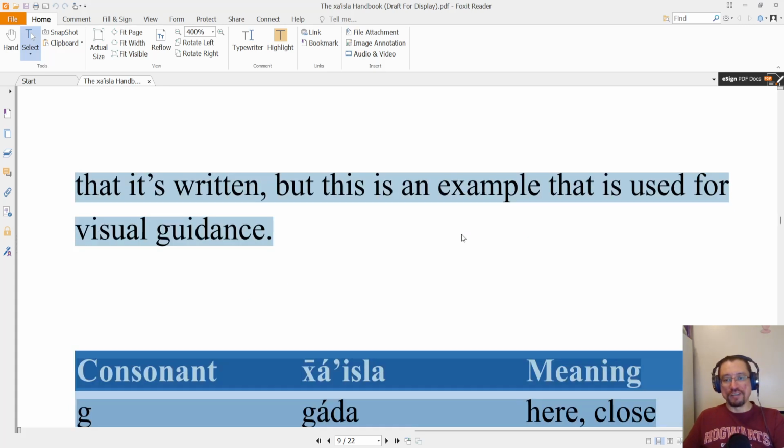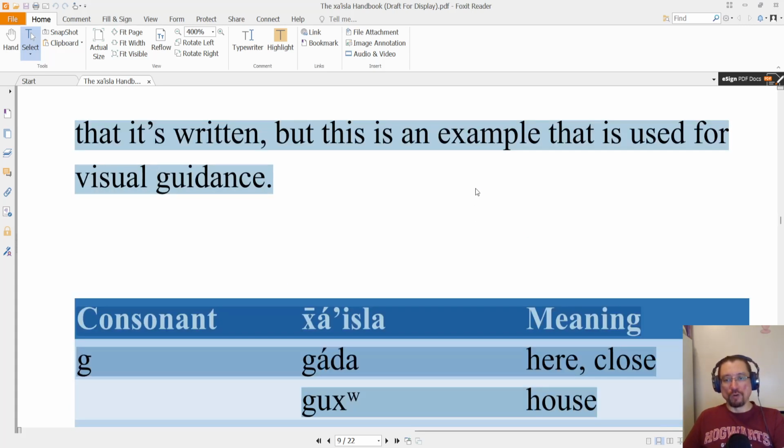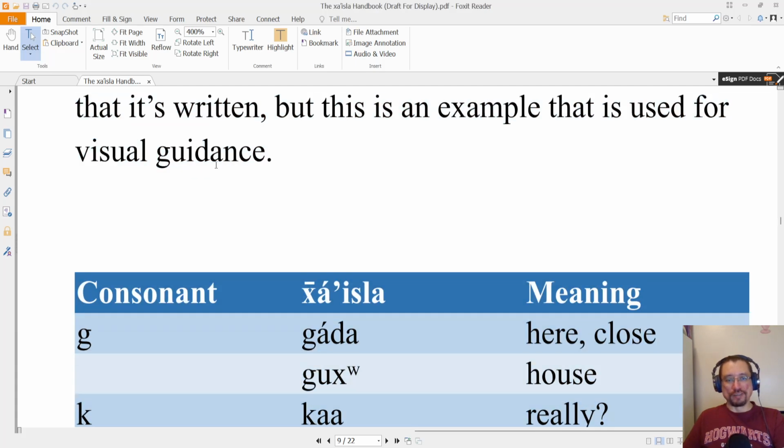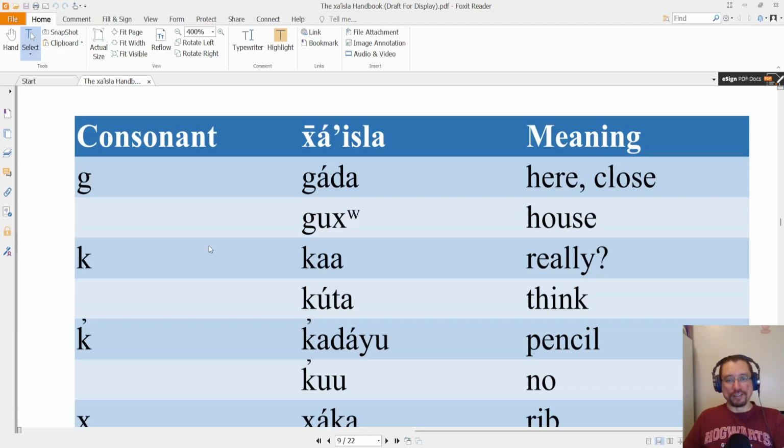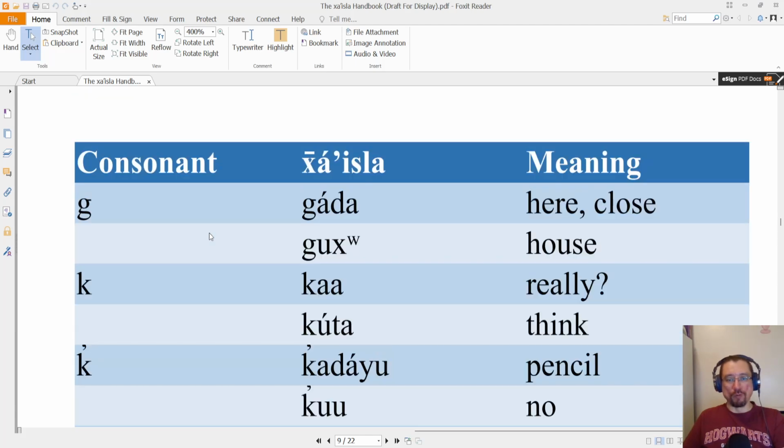So again, there is no small raised Y in the hybrid orthography. I'm just using this as an example, just as a concept. So please do not rely on seeing any type of raised Y symbol, because it doesn't exist in any xa'isla orthography. So we'll take a look at some examples here.